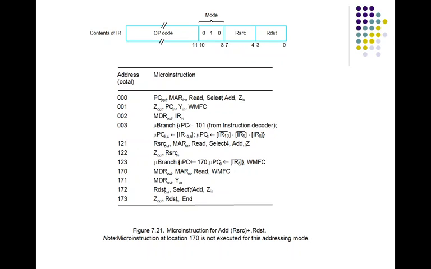The bit patterns 11, 10, 01 and 00, located in bits 10 and 9, denote indexed, auto decrement, auto increment and register modes respectively. For each of these modes, bit 8 is used to specify the indirect version.